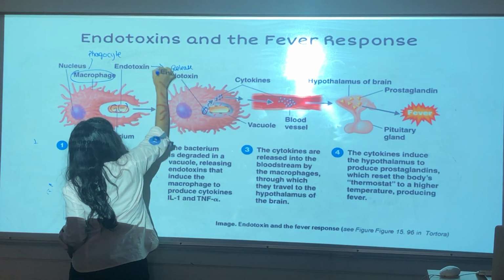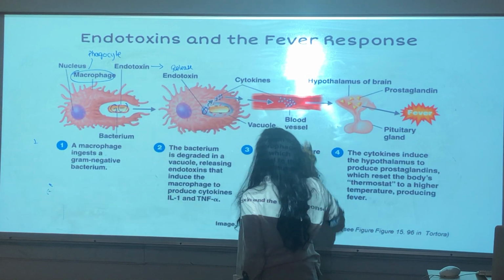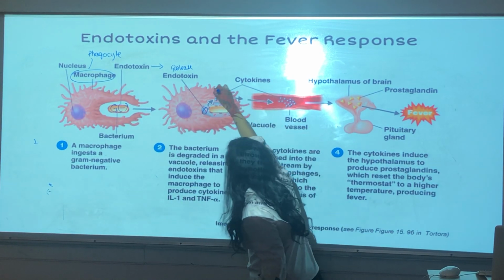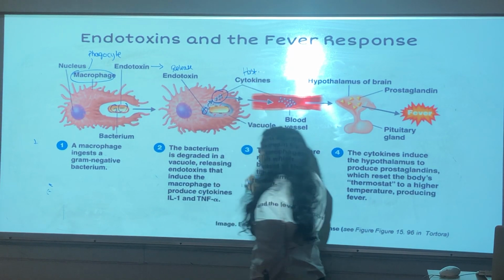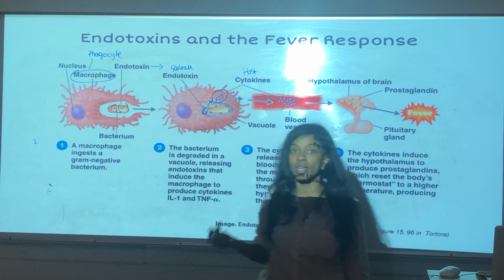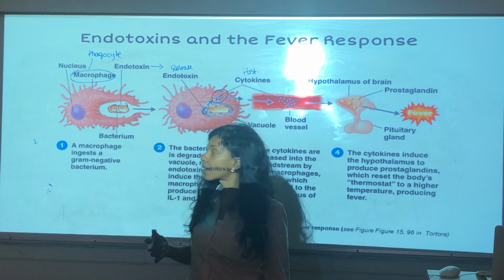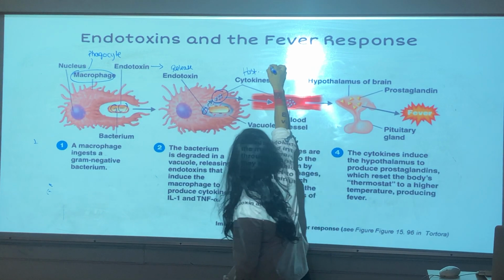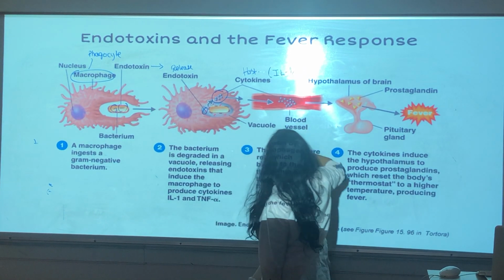This will be the next step: they get released, and the host cell starts to make cytokines, so made by the host, right? What cytokine is that? It's one of the interleukins. Which one? This will be interleukin number 1, which is associated with fever and the gram-negative cell.